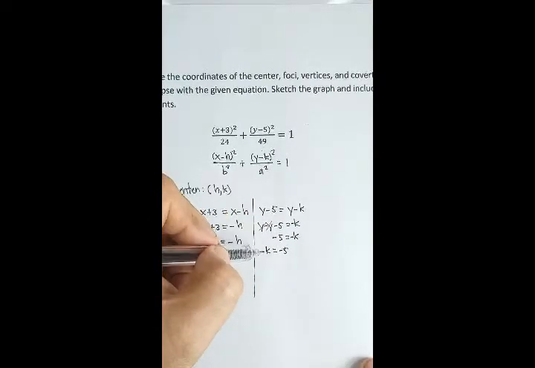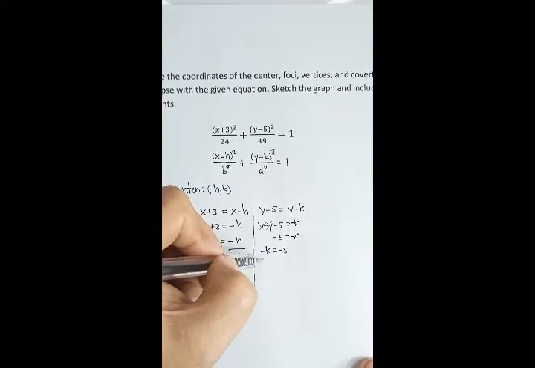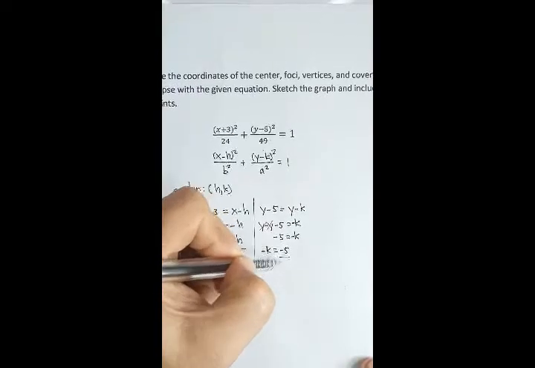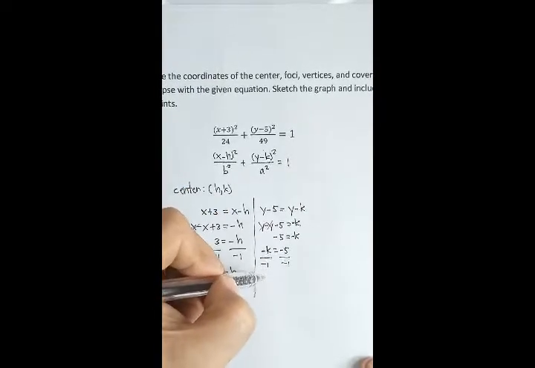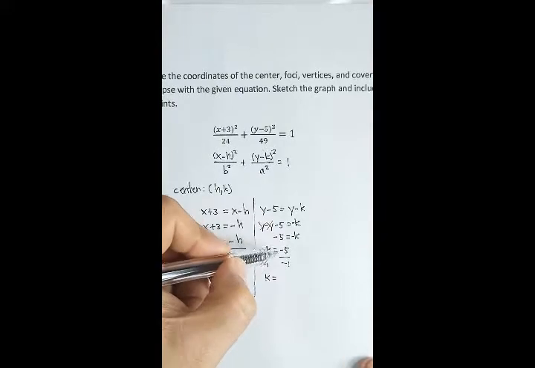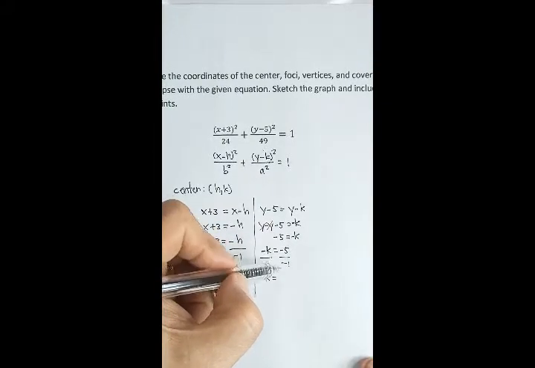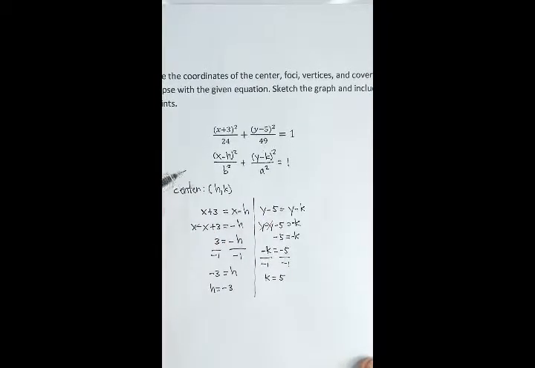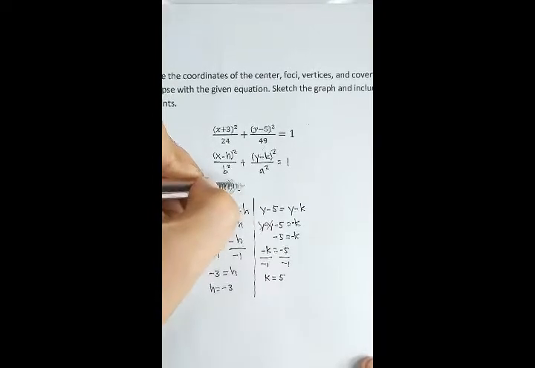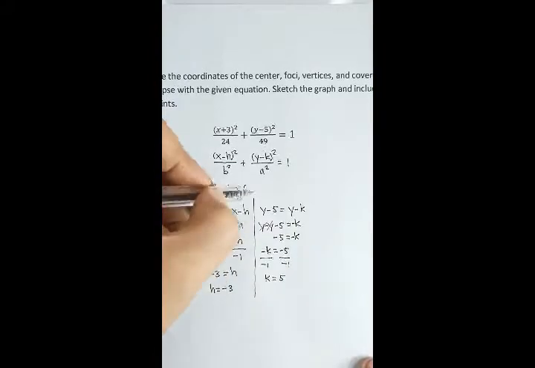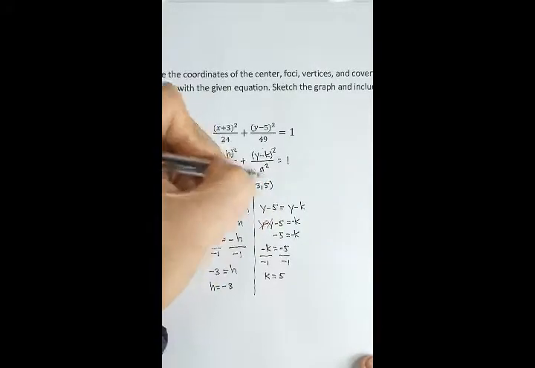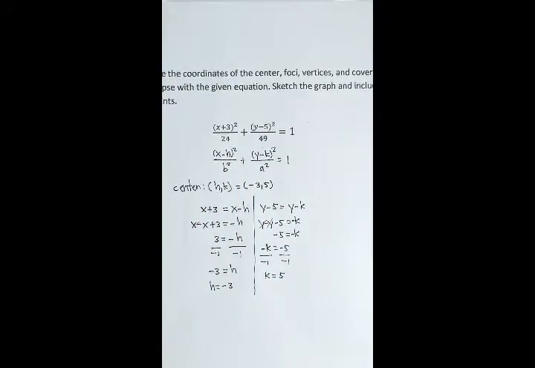To eliminate this negative, we again divide by negative 1. So, our k is equal to negative 5 divided by negative 1, it is positive 5. So, our center now is at h, k or negative 3 and 5. Okay?